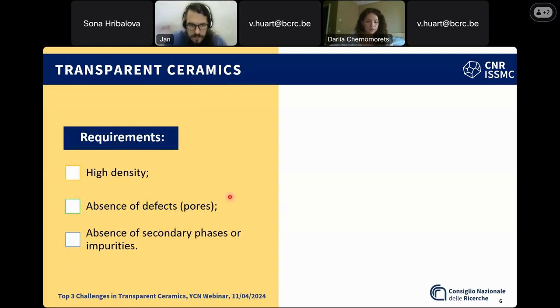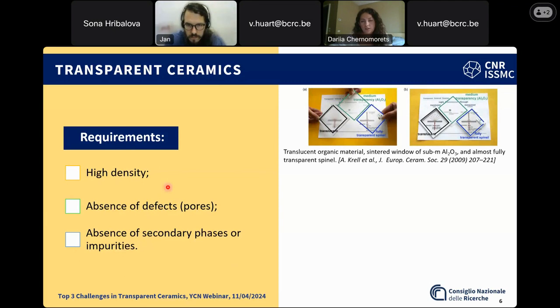And to solve this problem, it's important to choose the right sintering method and right sintering conditions, of course. But sintering aids are also important at this step. But the reasonable question can arise: is it really necessary to use sintering aids? We will see.